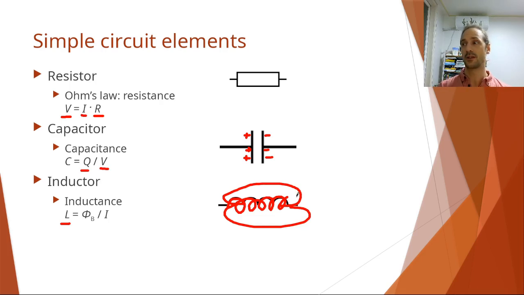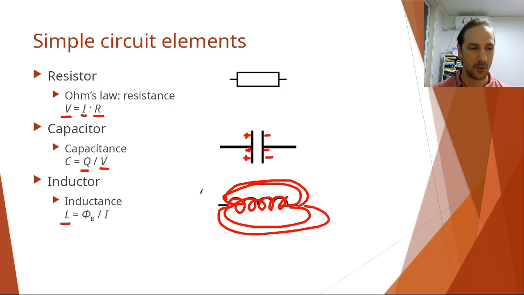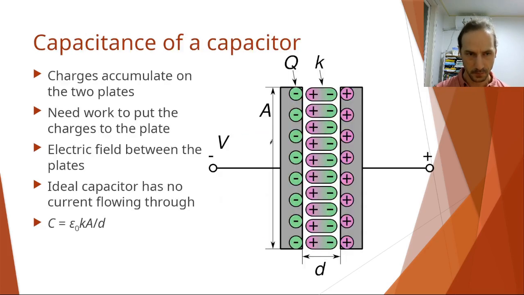So we can say the inductor stores energy in the magnetic field as the current is flowing through, and the capacitor is storing energy in the electric field. Between these plates there will be an electric field due to the plus and minus charges on the two sides of the capacitor.